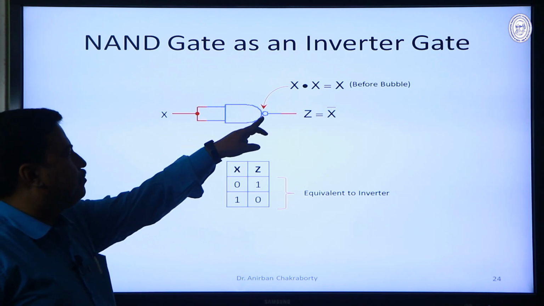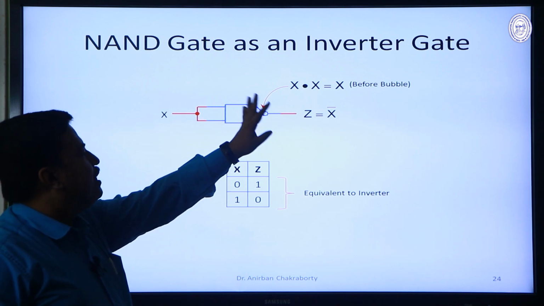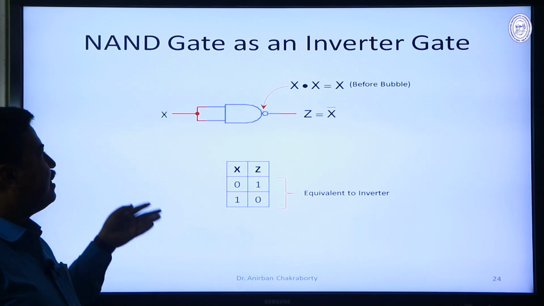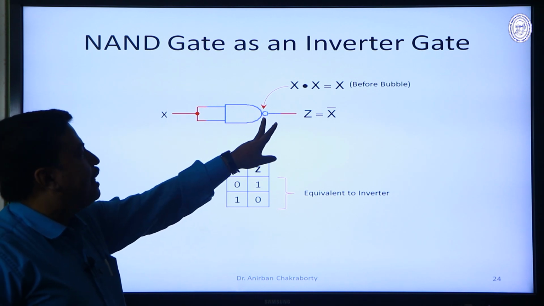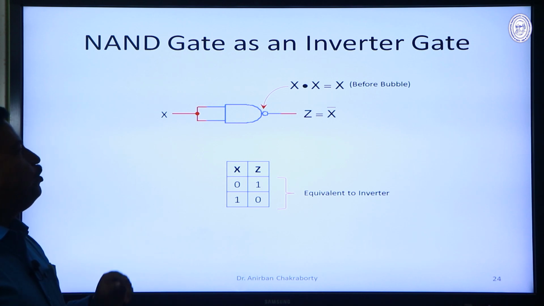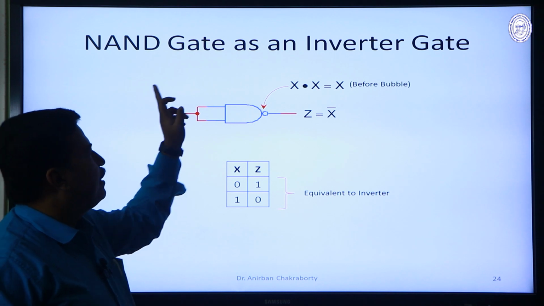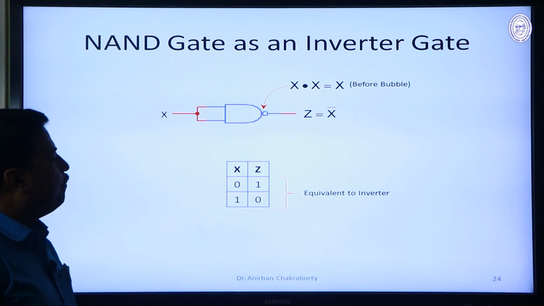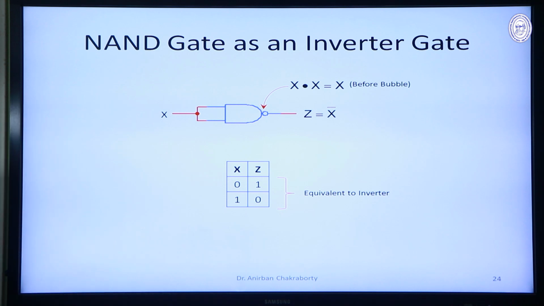If both are 1, the output is also 1. So if there were a simple AND gate, the output would be X. But this is a NAND gate, means there is an inverter, so the output becomes X bar. So if you apply X, you will get X bar. Means a single input NAND gate is nothing but the NOT gate.